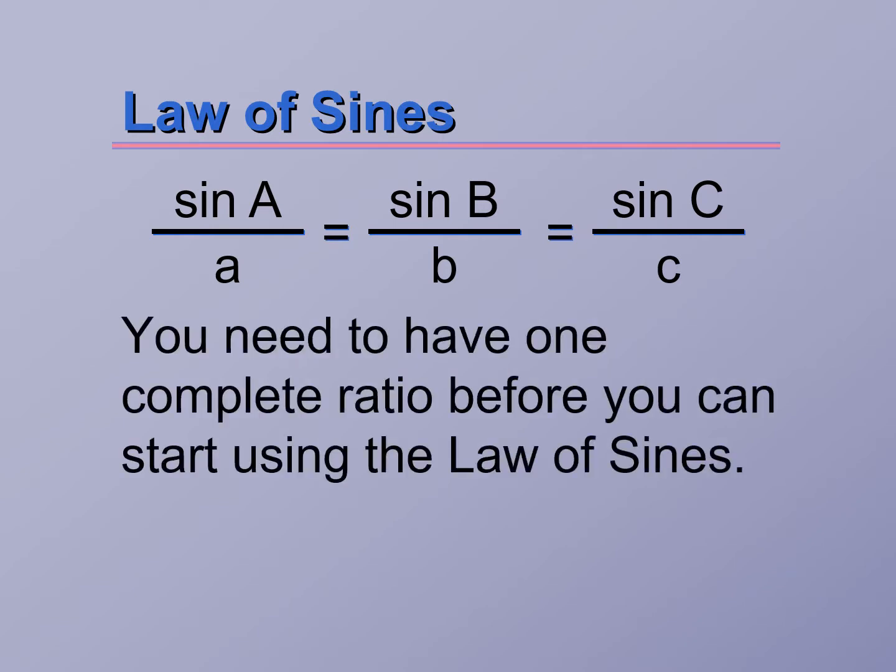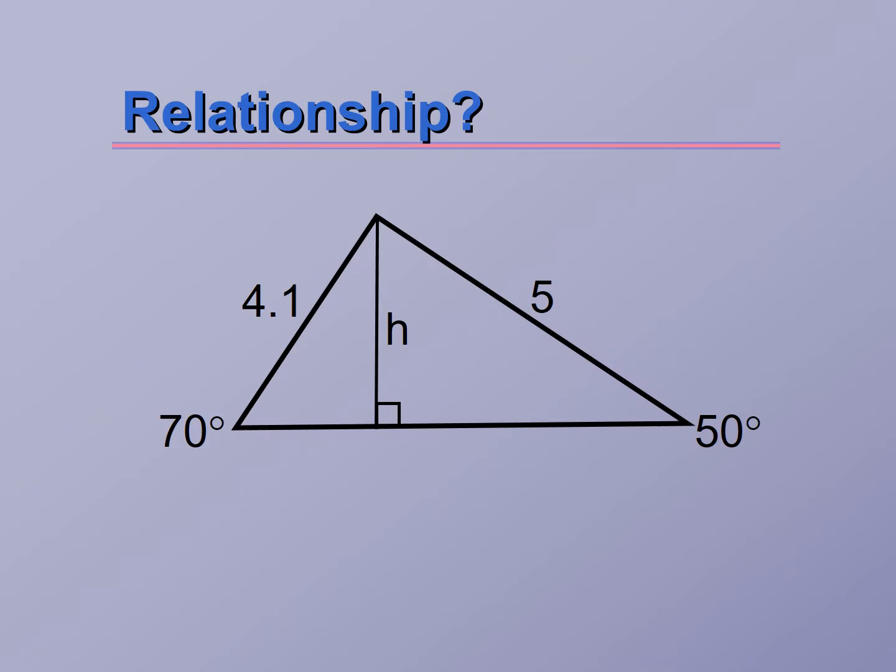The important thing to remember is that you have to have one complete ratio before you can use the law of sines. So here we have this angle, and the corresponding side to this angle would be the 5. And then we have this angle, 50, and the corresponding side would be the 4.1 because it's across from it.